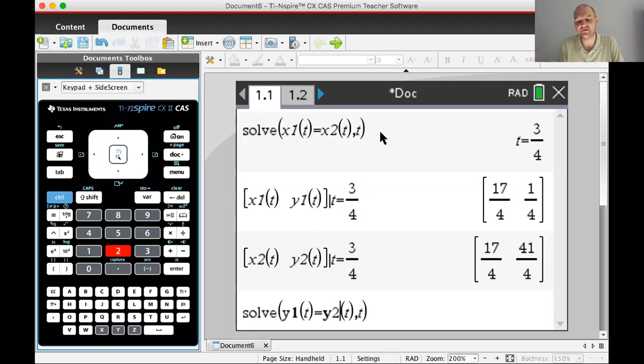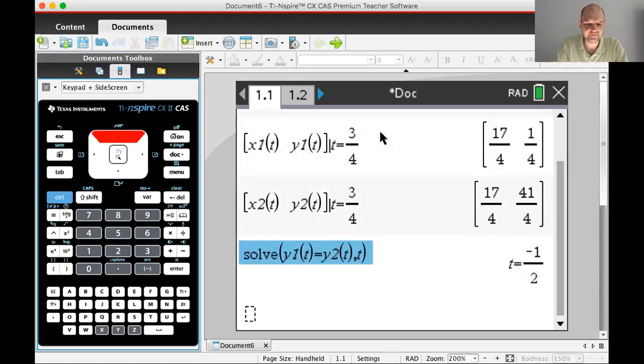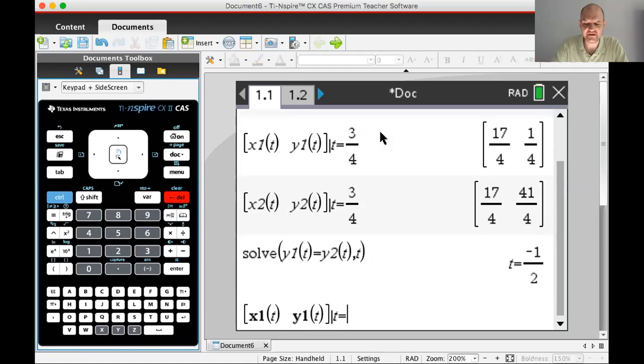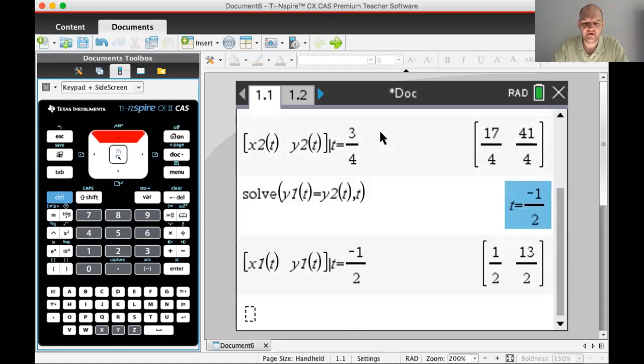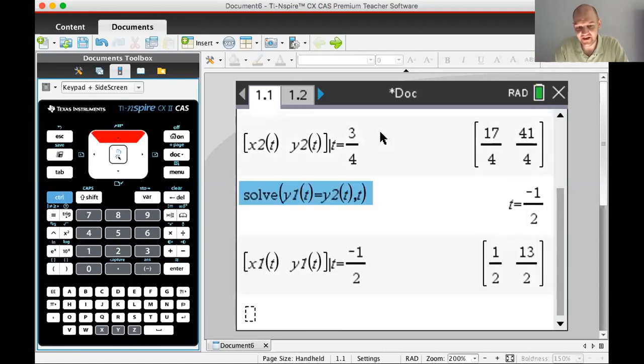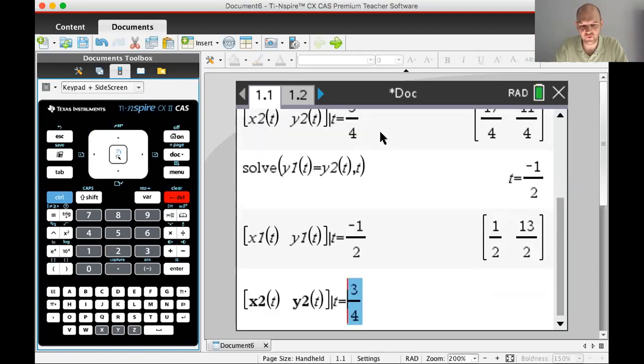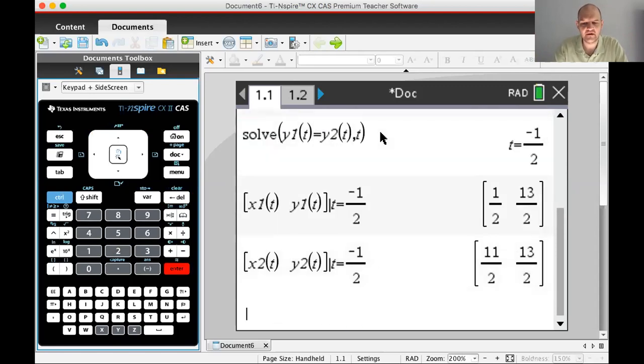They both get to the ball at the same time. And here, if they were racing to 13/2 for y, they would have tied. Their x's are different, but it doesn't matter because they'd both get to y at the same time.